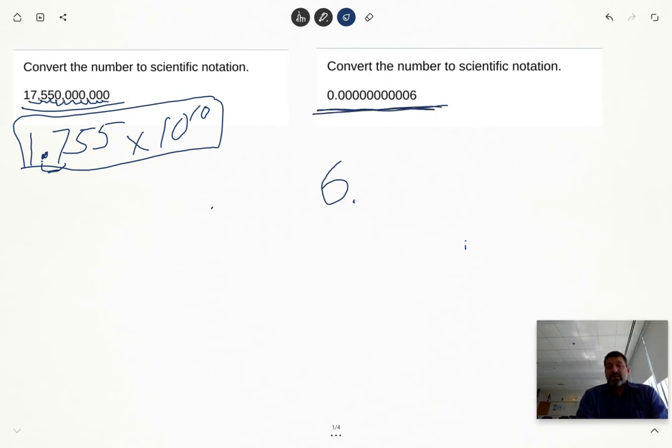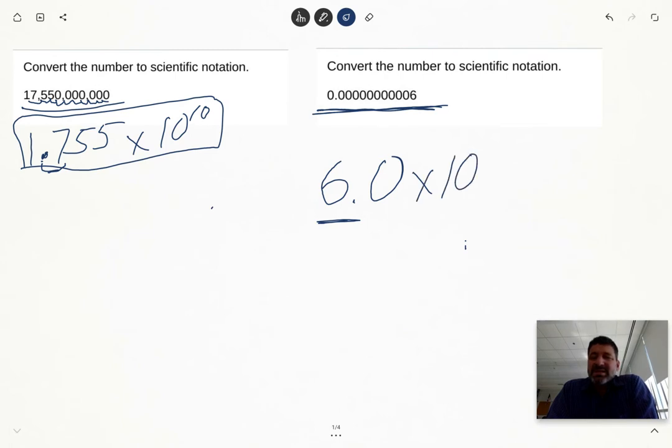Starting at 6.0, you're dividing by 10 each time, so you're moving the decimal point in the opposite direction, to the left. So this is going to be times 10 to the negative, and we're going to figure out exactly what negative number it would be.